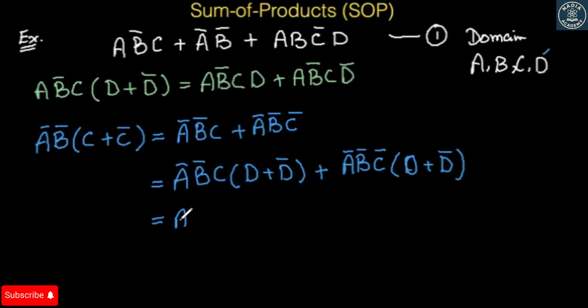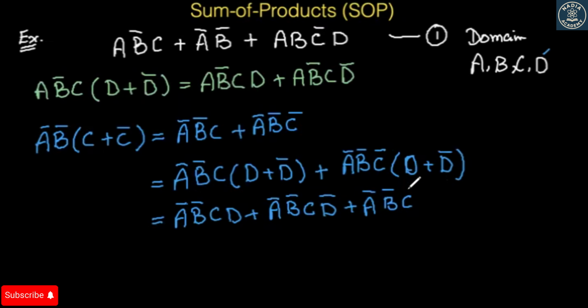And our answer is the following: A bar B bar C D plus A bar B bar C D bar plus A bar B bar C bar D plus A bar B bar C bar D bar.